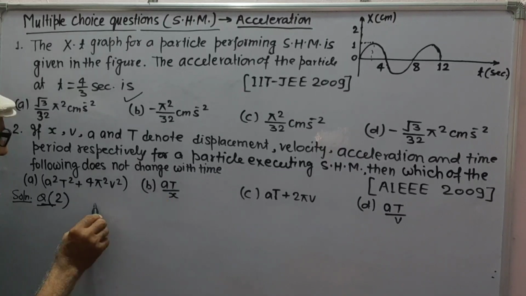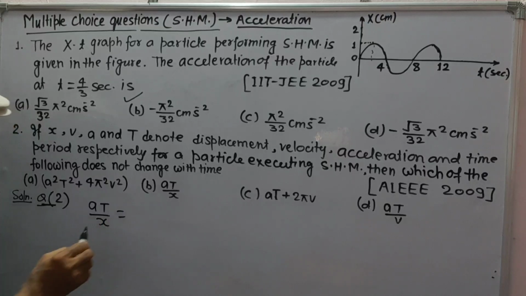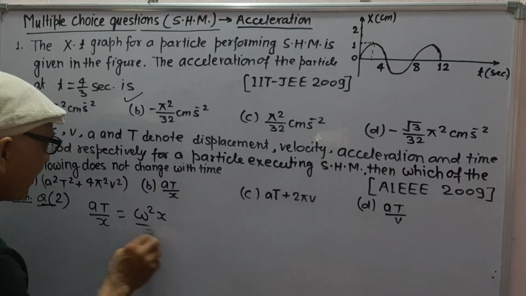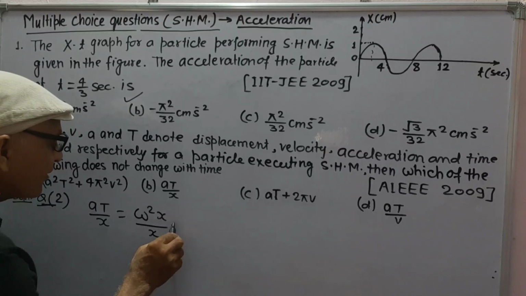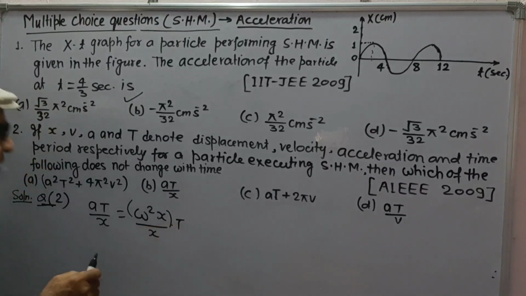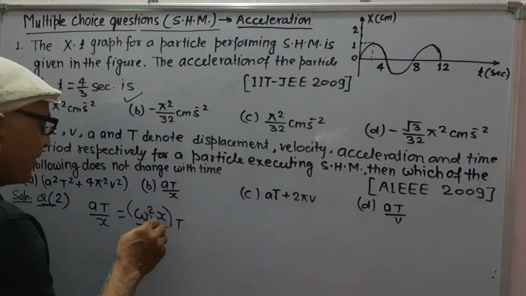First we see a T upon x can be written as omega square x upon x into T, because acceleration is numerically equal to omega square into x.